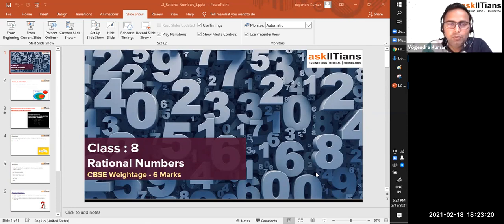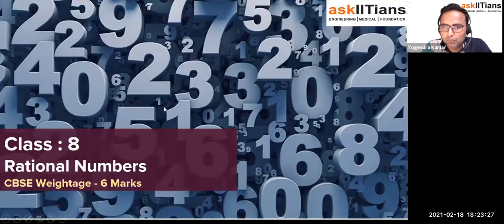I hope you remember what rational numbers are. They are the numbers which can be represented in p by q form. So we are seeing operations on rational numbers. All integers, whole numbers, positive and negative integers, fractional numbers and decimal numbers are rational numbers we are going to study.